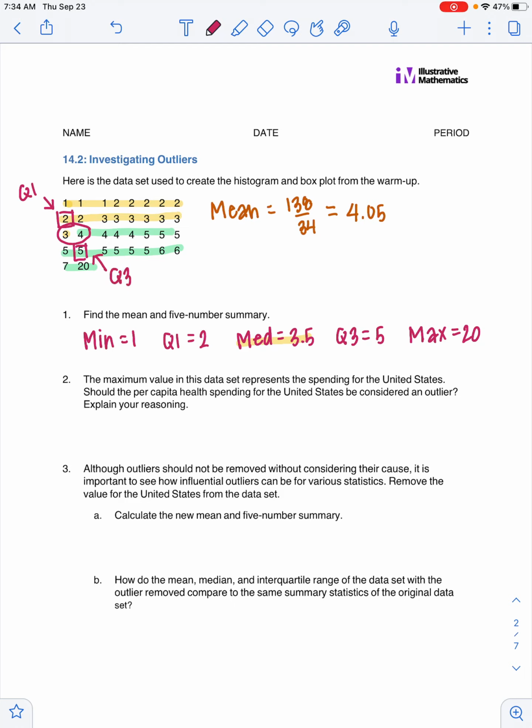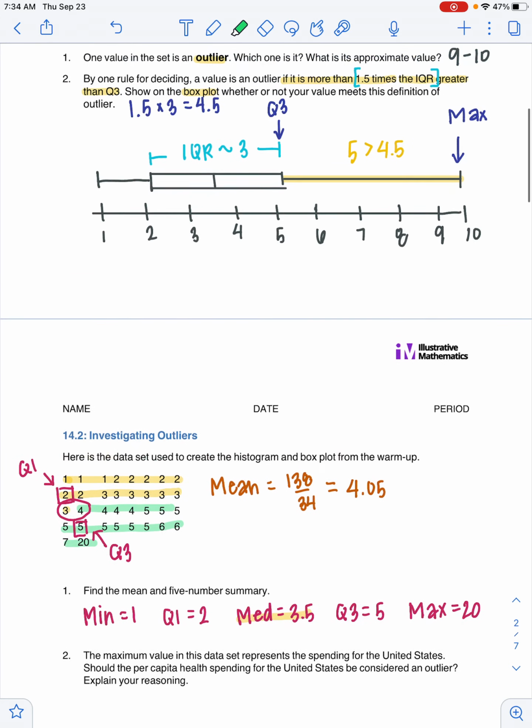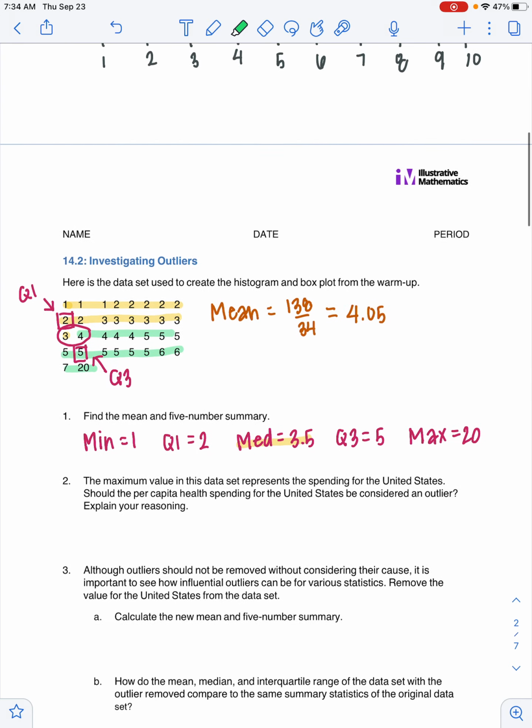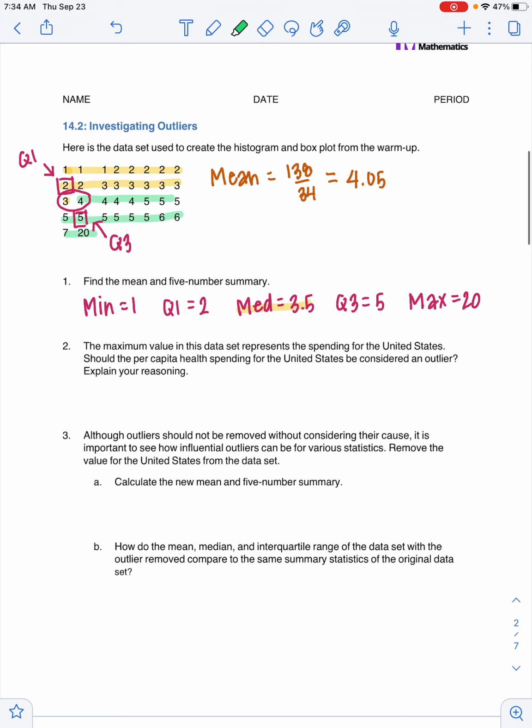Question 2 says, the maximum value in this data set represents the spending for the United States. Should the per capita spending for the United States be considered an outlier? Explain your reasoning. So remember, outliers are 1.5 times the IQR greater or less than Q3 and Q1. So in this case, the IQR is 1.5.